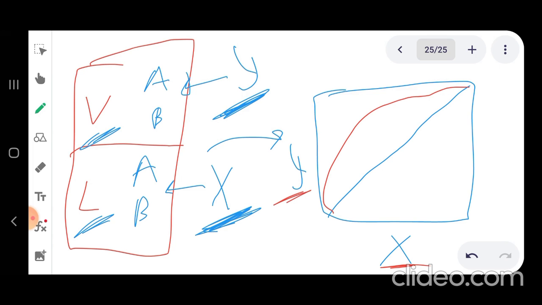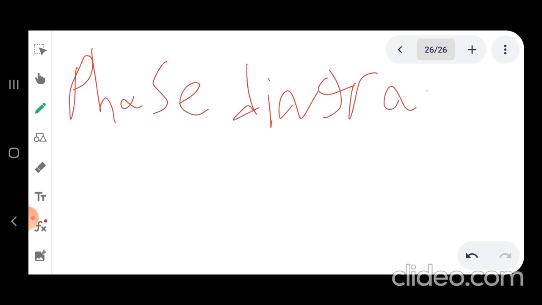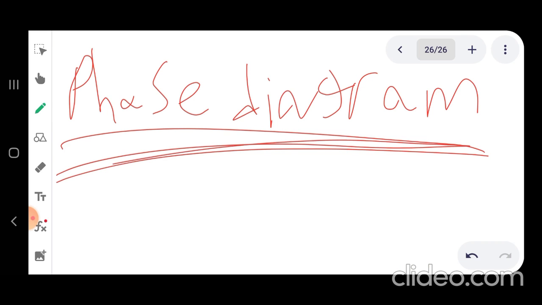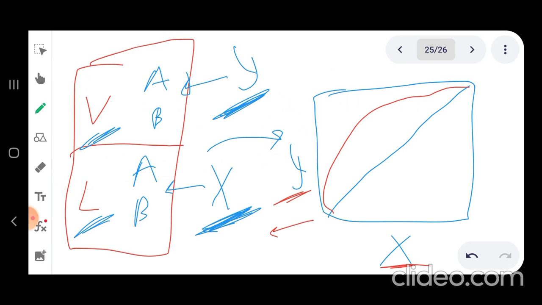This diagram, we call it a phase diagram, which is nothing but a simple diagram that's drawn between composition in one phase and composition in another phase. In this case, for distillation, they are the composition of the liquid phase and vapor phase.